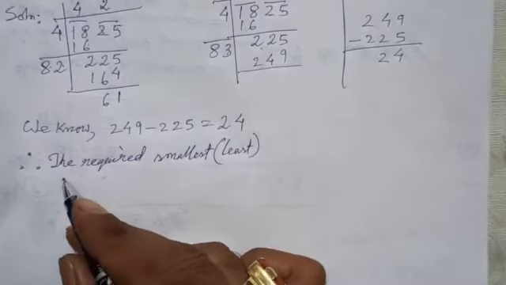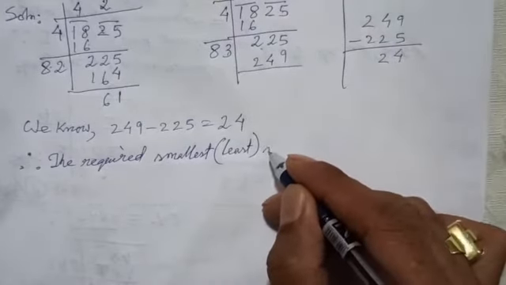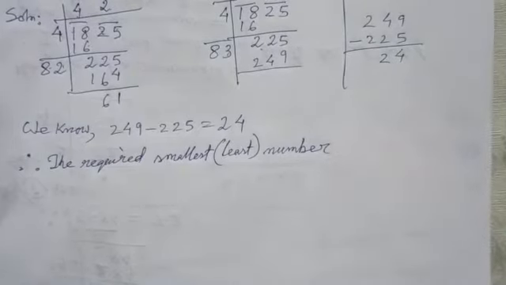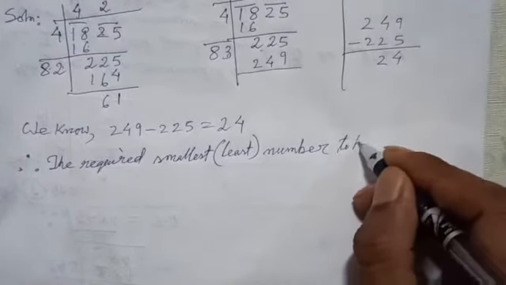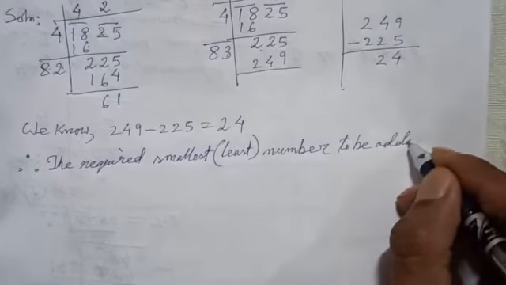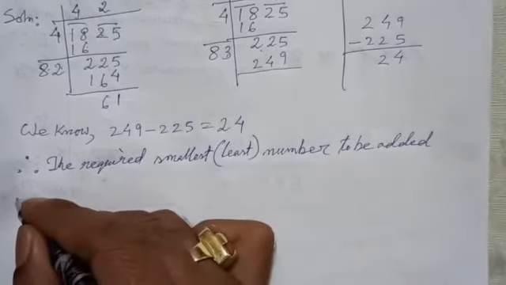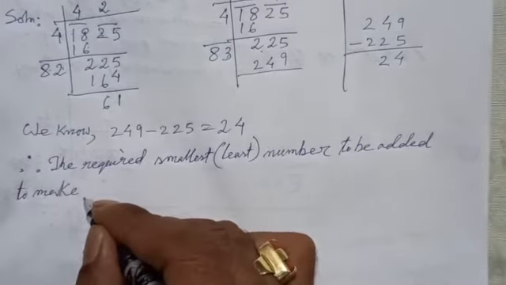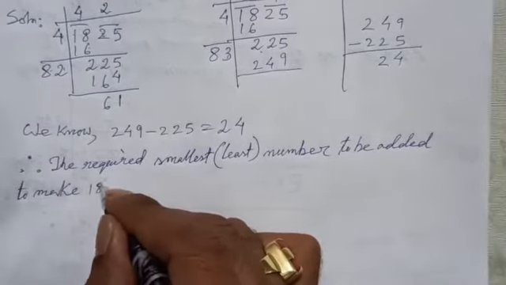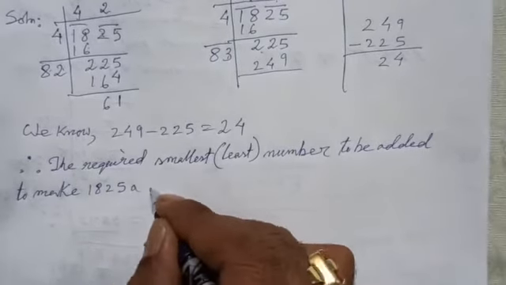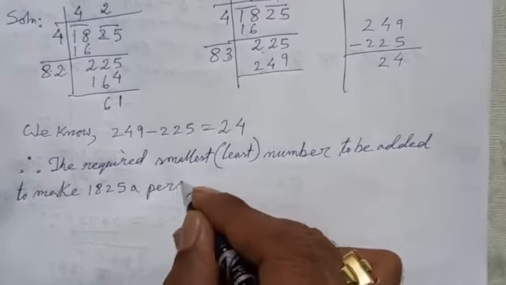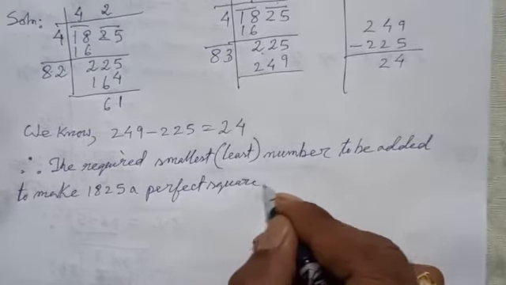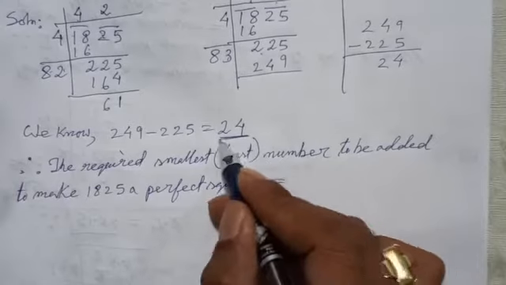Therefore the required smallest number to be added to make 1825 a perfect square is equal to this number 24.